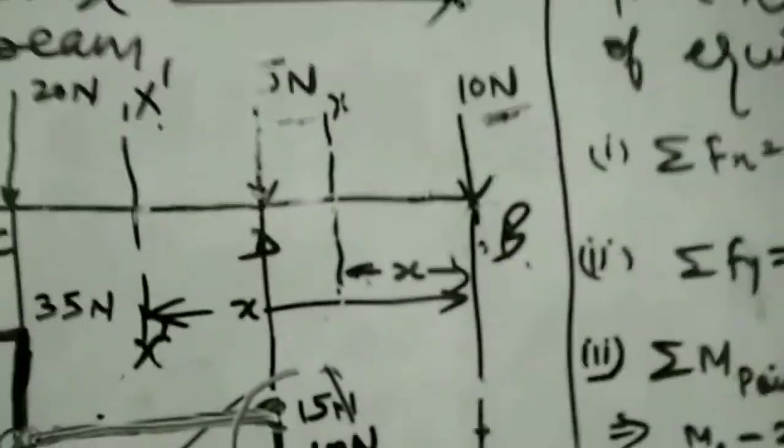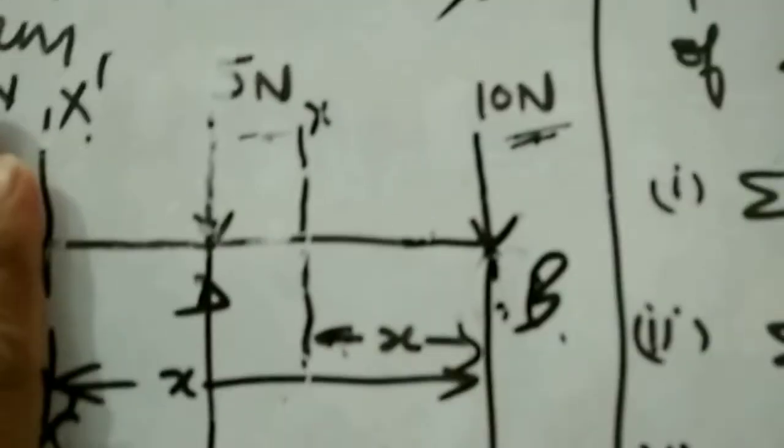Okay. Now consider another section, that is section DC. For that purpose, we will consider a section line XX dash at a distance of x from B. At this section, there are 2 point forces acting downward.